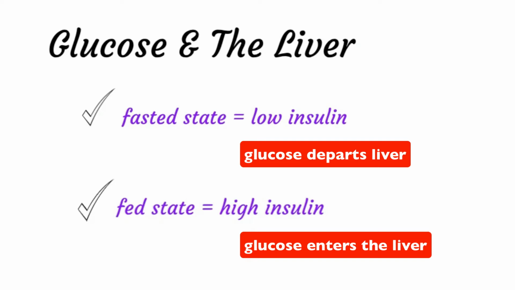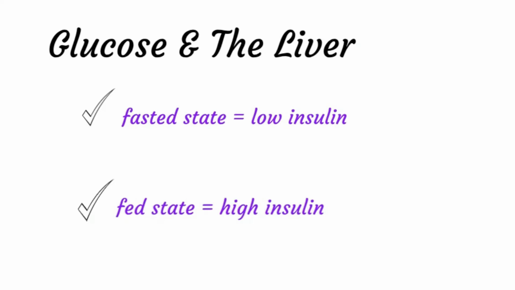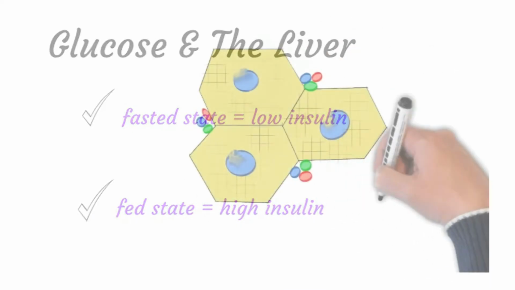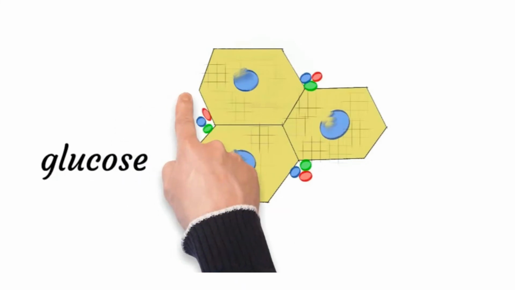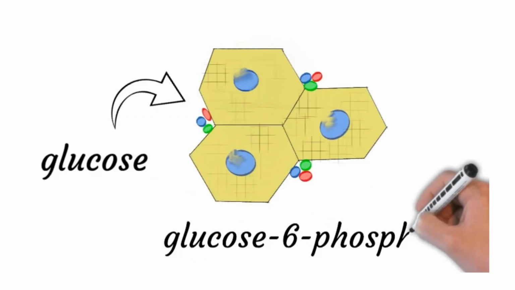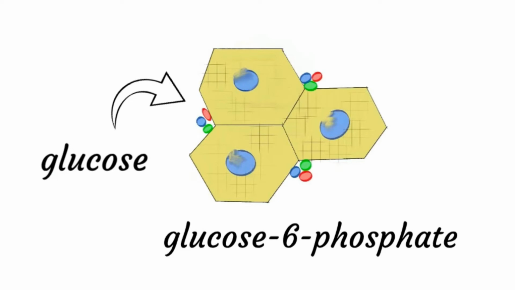But what insulin does is to increase the production of hexokinase, which is an enzyme that converts glucose into glucose 6-phosphate. Here we see some hepatocytes. Glucose will enter the hepatocytes and be converted to glucose 6-phosphate via the presence of the enzyme hexokinase.